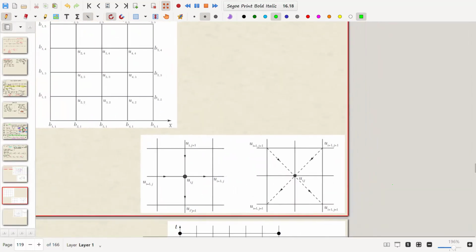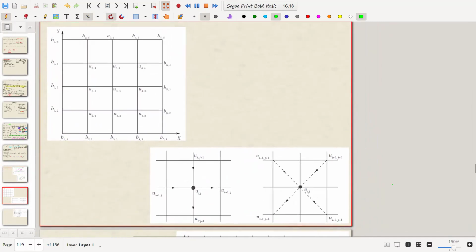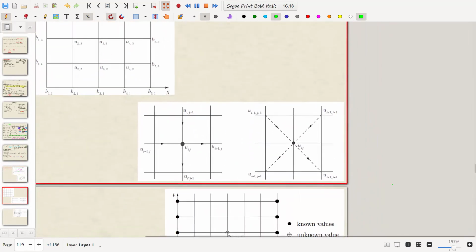And this is how I mentioned to you the diagonal 5-point formula and all those things. Here you see this is the standard 5-point formula. To find the solution here, it depends on left, right, top, bottom.